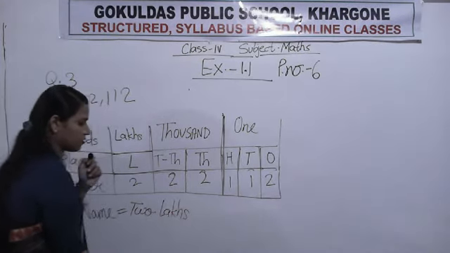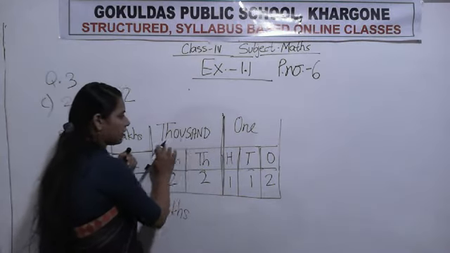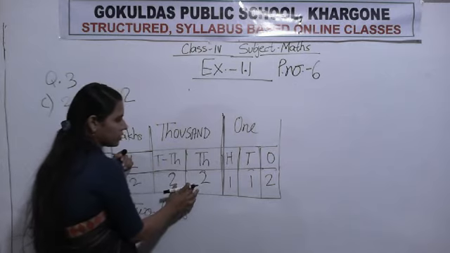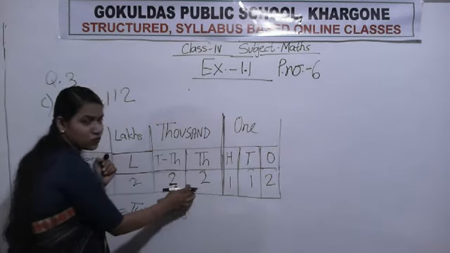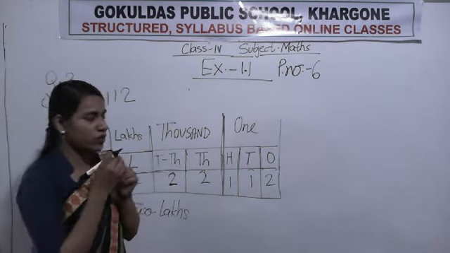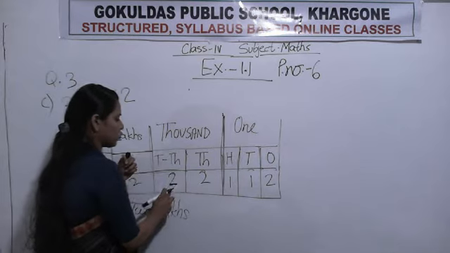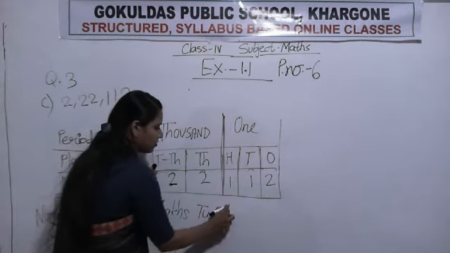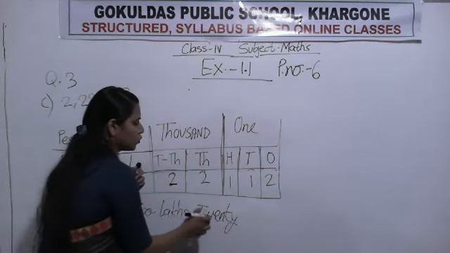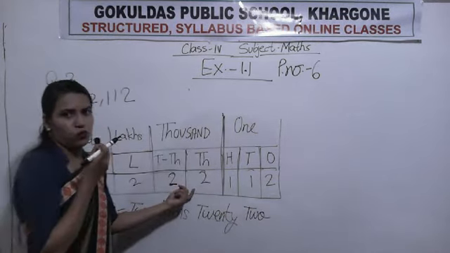2 lakhs. Okay, then here you come, so you see in the 1000's period 2 digits are there, so you will read these 2 digits together. So what is this? 22, right? Now you write the 22.